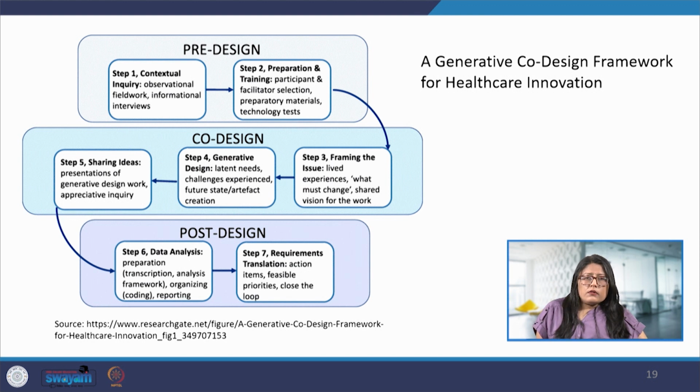In the co-design stage, where the third step is, now we will frame the issue: what was the problem, what are the experiences, the pain points, and what needs to change. That will also be the vision. Like we discussed earlier, how do they see the particular group of people or participants benefit from this particular innovation, so that it can have a wider acceptability.